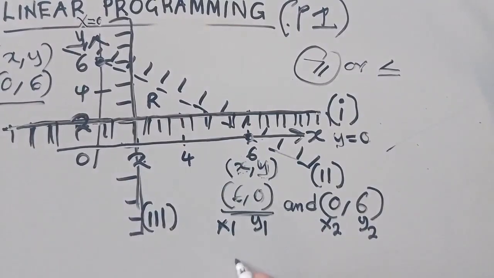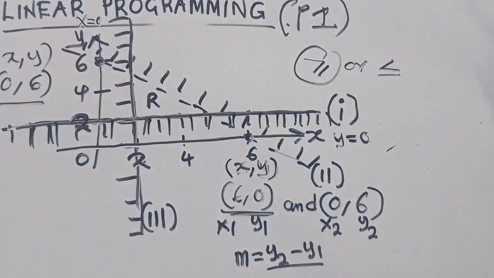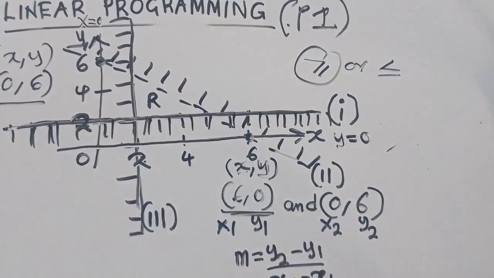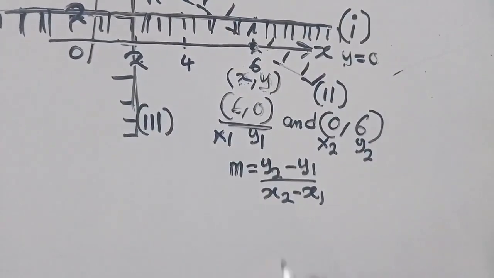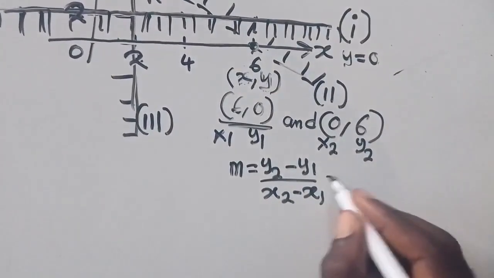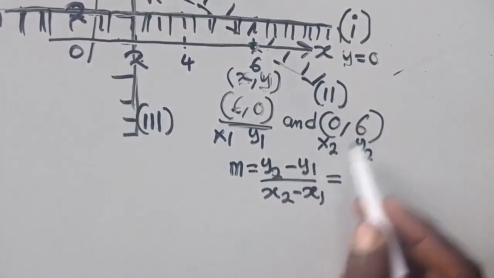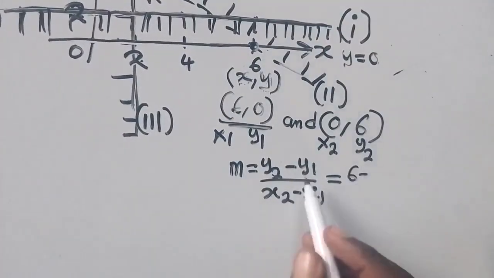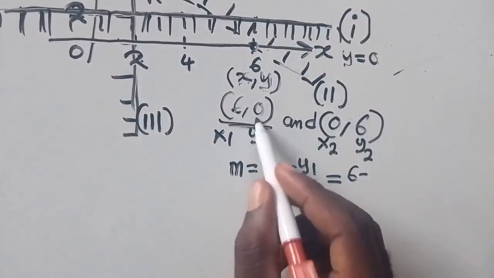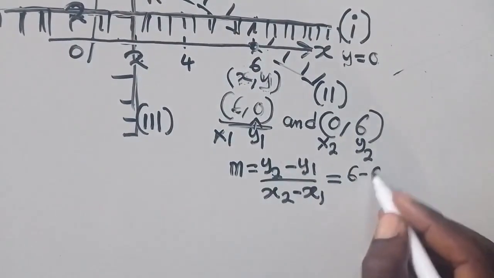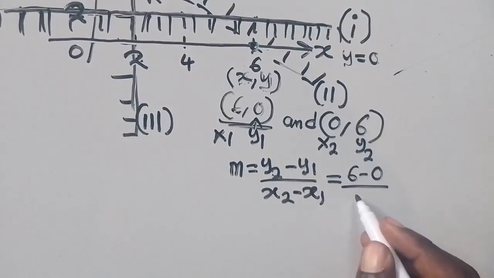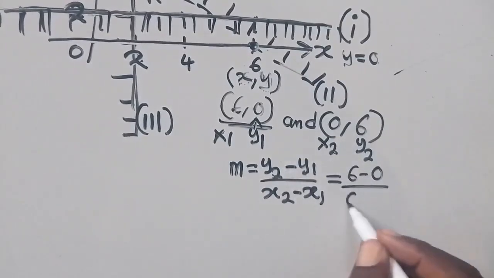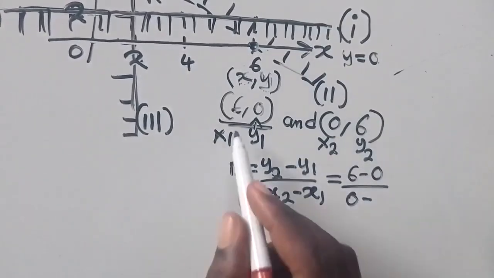What's the formula for the gradient? Gradient is equal to y2 minus y1 over x2 minus x1. This is the formula that you are going to use. y2 is 6, minus y1, which is 0, over x2, which is 0, minus x1, which is 6.